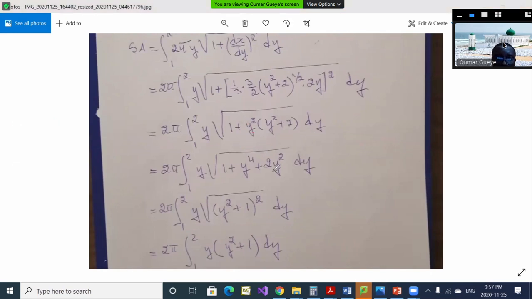So that's what I use here, because I realize this is a square, as I told you, it's going to be just y squared plus 1. So the square root of this square is going to be just y squared plus 1, since it's already positive.